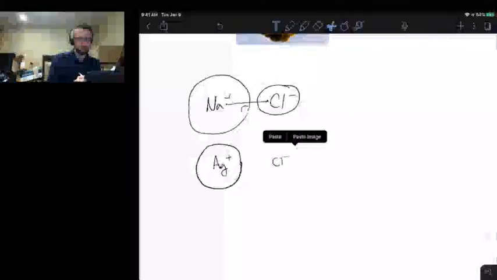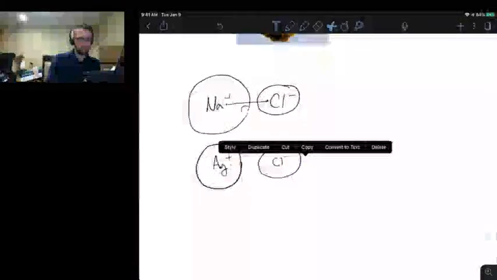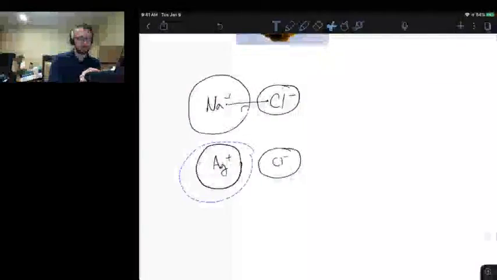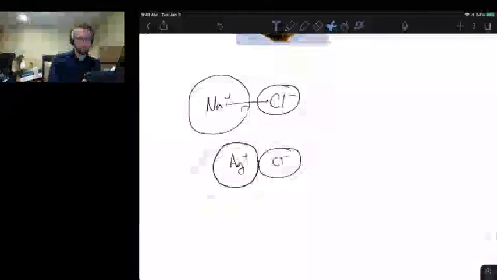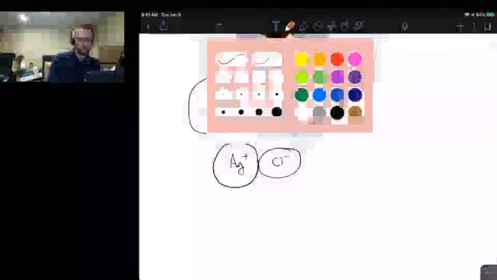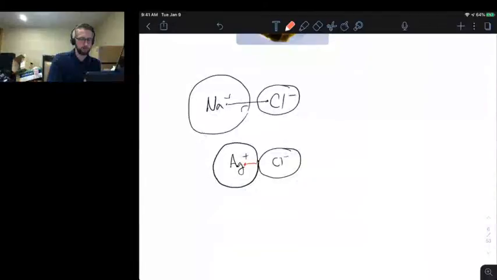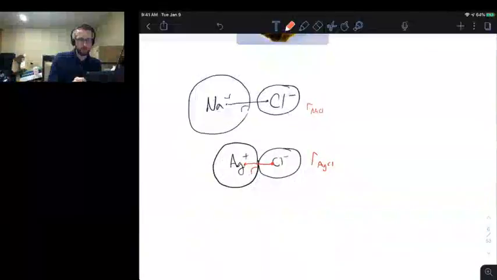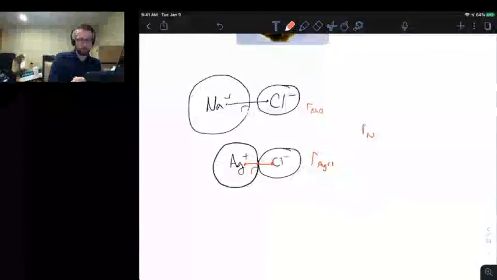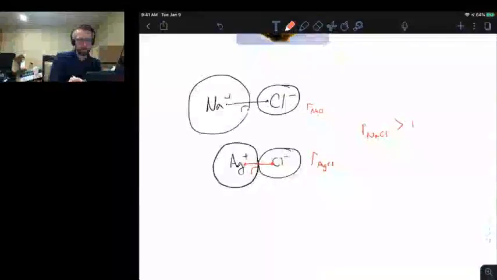And so when we put them side by side, they're going to be just a hair shorter. So we'll call this one R of AgCl, and we can call this R of NaCl. And we would expect that R of NaCl is probably just a little bit bigger than R of AgCl.